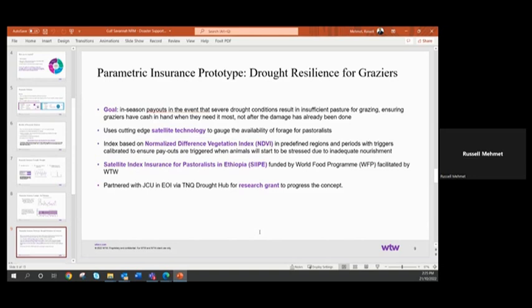So if a farmer wants to restock with feed, that can be taken up rather than waiting to the end of the season when unfortunately they've lost so much value for the grazier. Now, this is already tried and tested through our people in what's called satellite index insurance for pastoralists in Ethiopia.